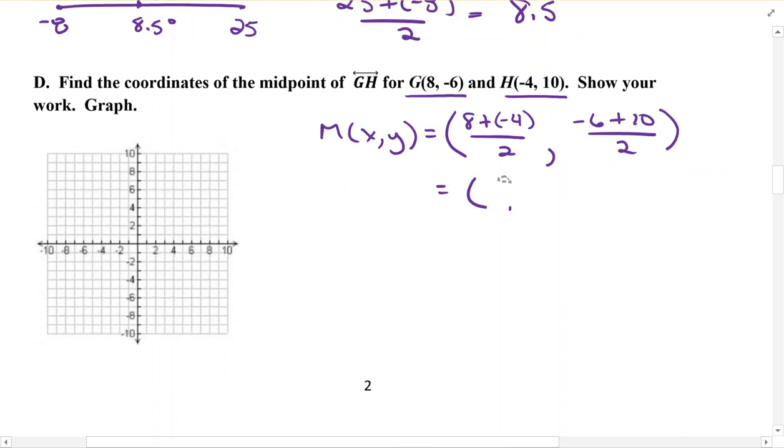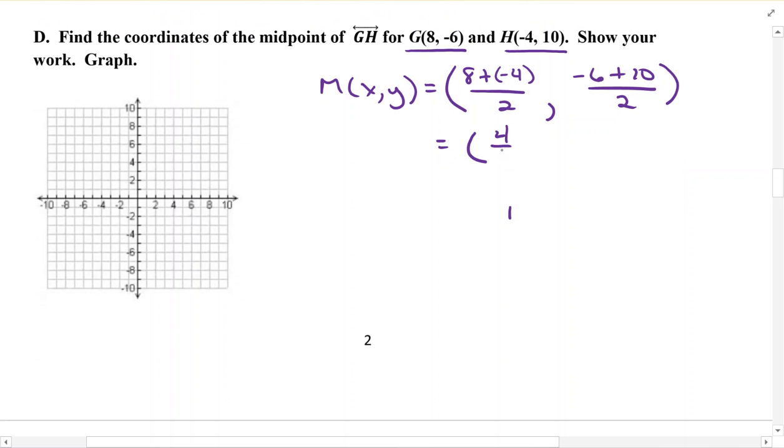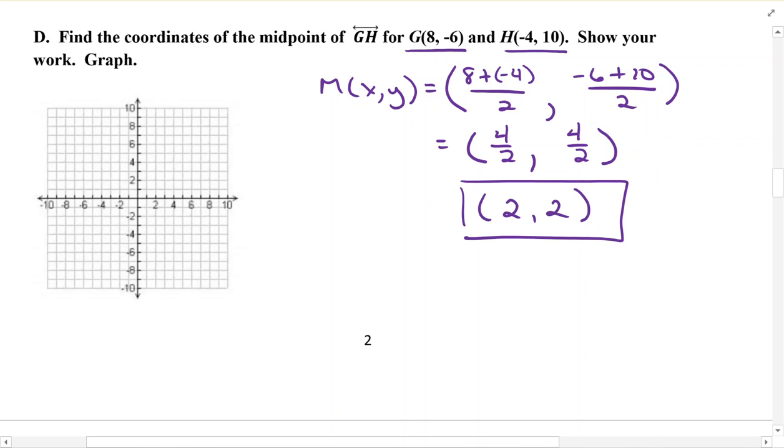This is 4 divided by 2, and 4 divided by 2, which gives us that the midpoint is (2, 2). The form of the midpoint, again, is always going to be written as a coordinate, an x and a y.